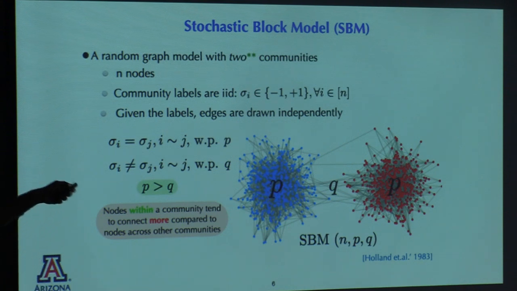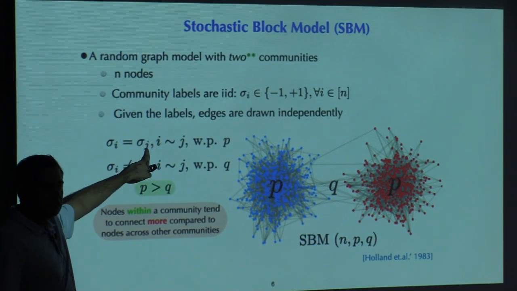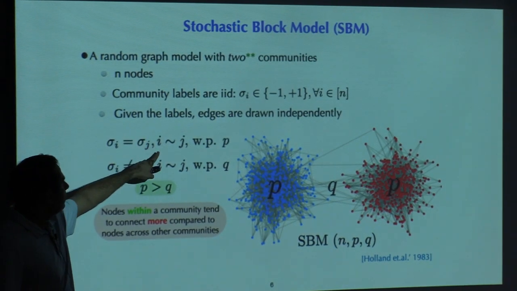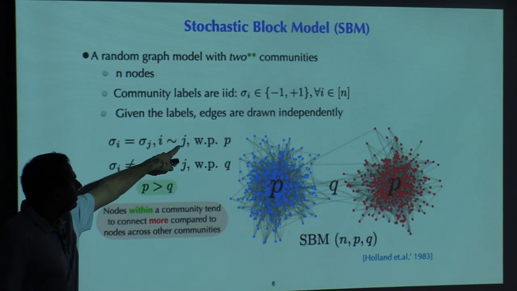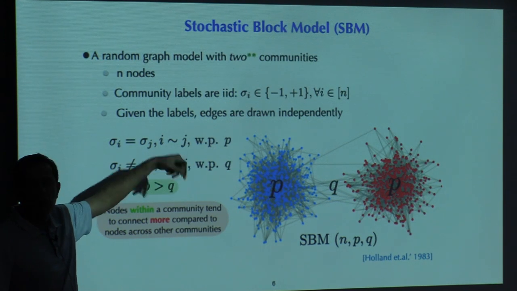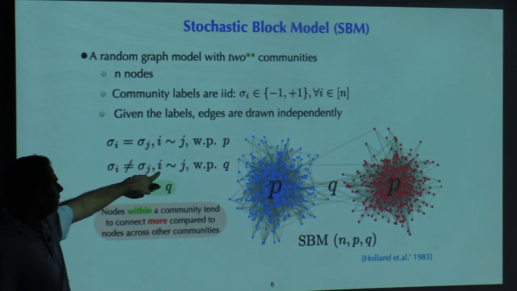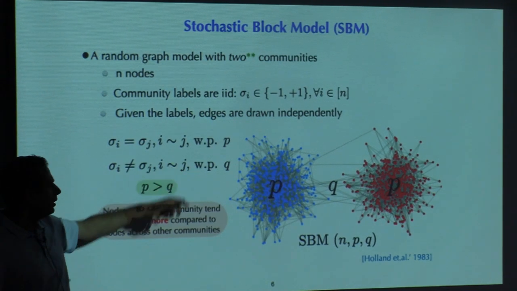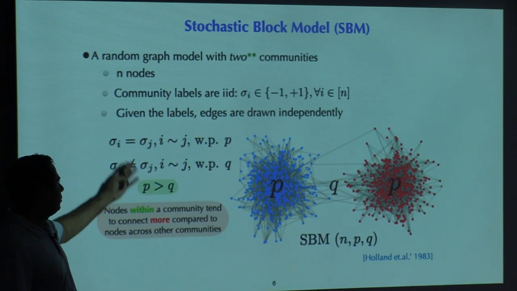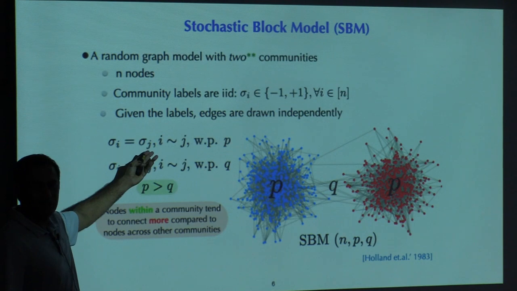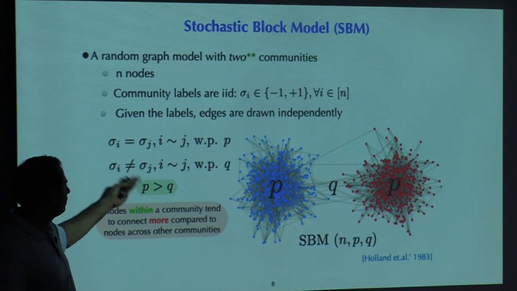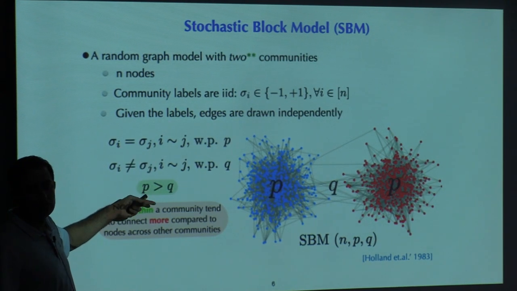That's how I'm going to draw this graph. So if sigma_i equals sigma_j, that is, if people have the same color, then i is connected to j with probability p and not connected with probability 1-p. If they are not in the same community, then they are connected with probability q. It's natural to assume that since you have the same color as your friend in the same community, you should maybe be connected with higher probability. So we have p greater than q.